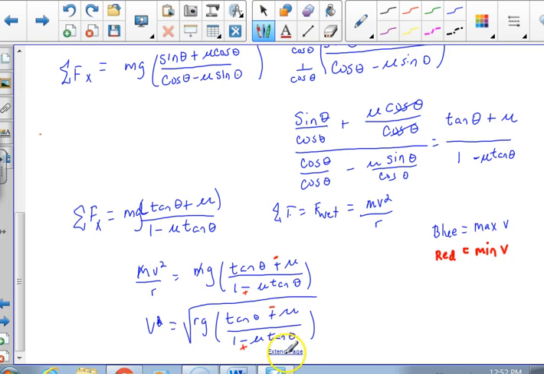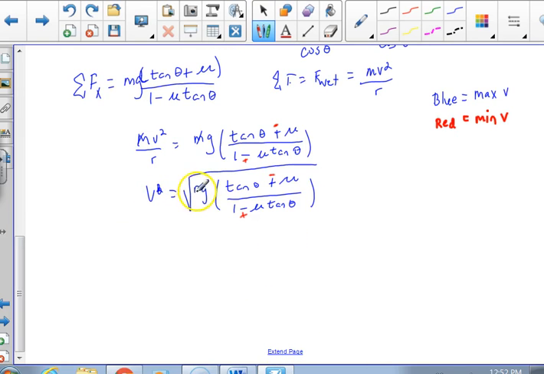So if we have the square root of rg times tan theta minus mu divided by 1 plus mu tangent theta, that's going to give us the minimum velocity. If we have the square root of rg times tan theta plus mu divided by 1 minus mu tangent theta, we get the maximum velocity. So that gives us our velocity range. Plus or minus.